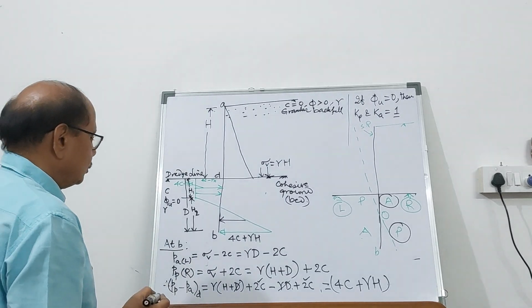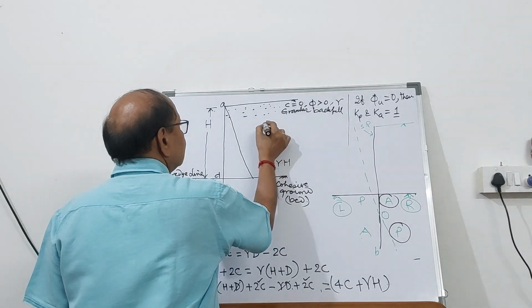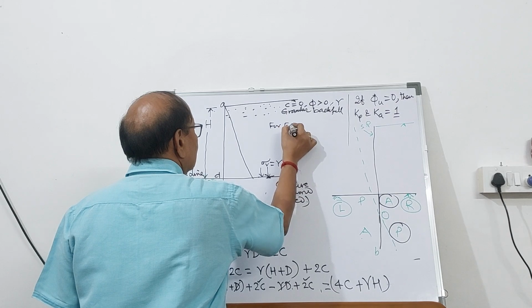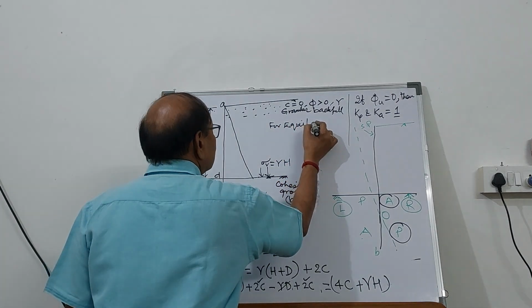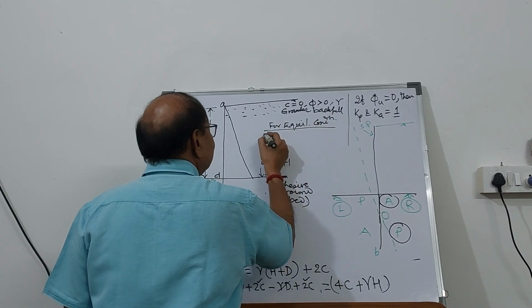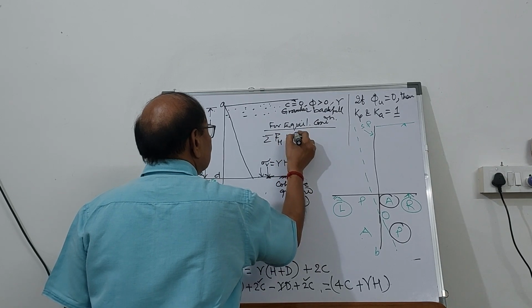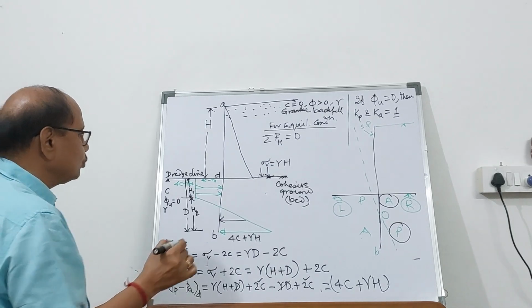Now, for equilibrium condition, you can always calculate sigma FH. The algebraic sum of all the horizontal forces must be equal to 0.